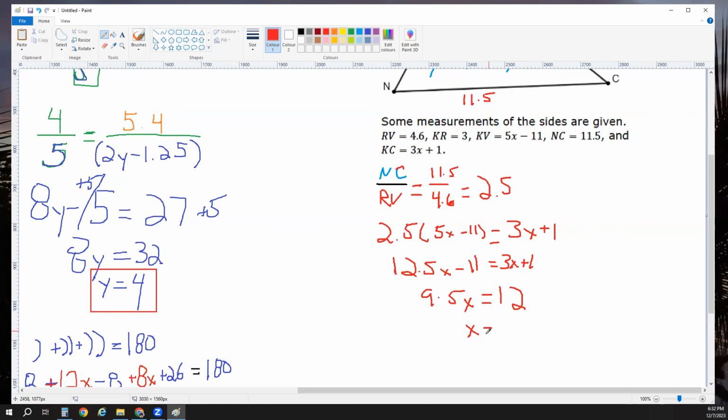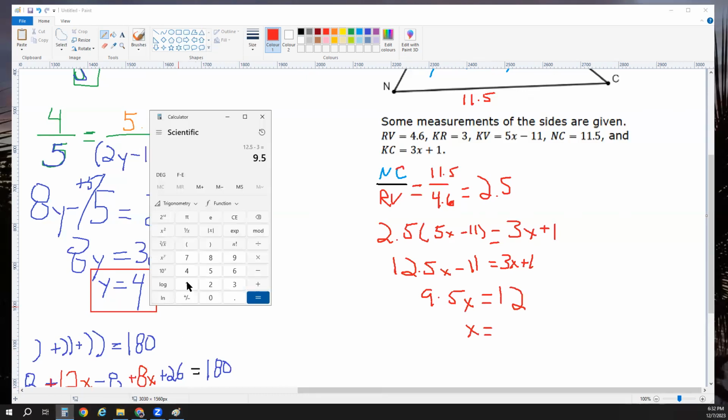So x will be equal to 12 divided by 9.5.